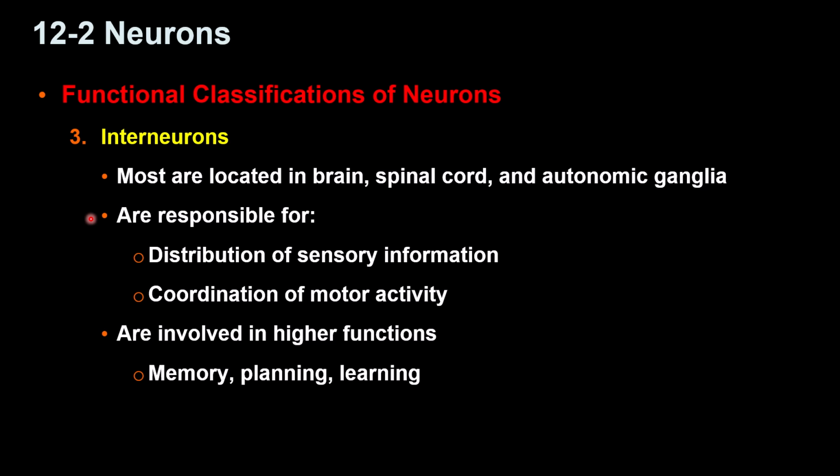The interneurons are doing that, but they are also involved in other functions. They are called higher brain functions, like memory, learning, planning, judgment, personality, emotions, reward system. All of those things are related to interneurons. So there are a lot of different functions of interneurons.